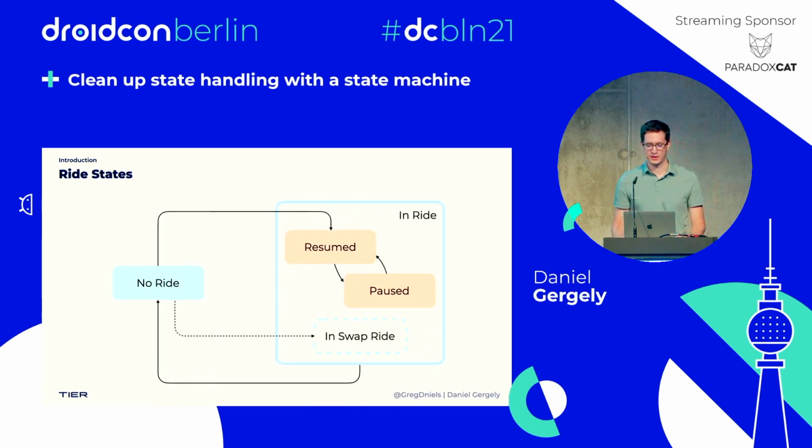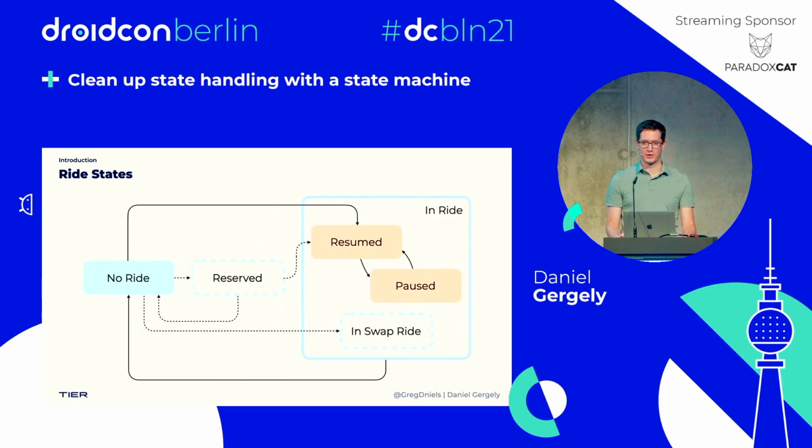And then we thought, what if we added a feature where users could select a vehicle from the map that is further away, and reserve it for themselves, so while they walk to it, other users won't steal it from them? That would mean an even more complex state space.